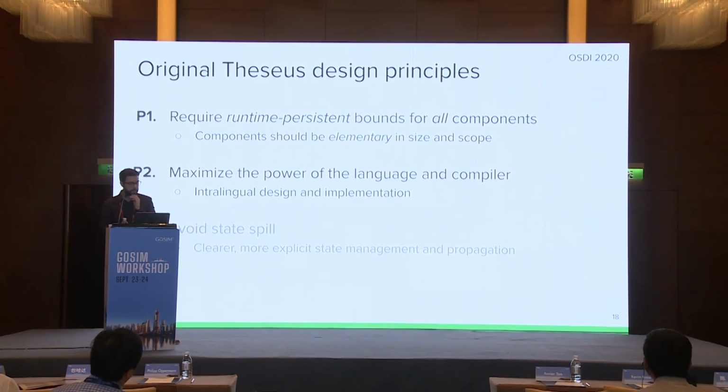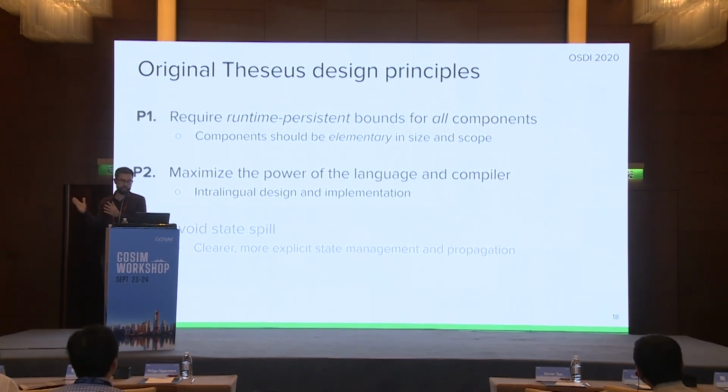One of the things that we've kept is requiring runtime persistent bounds for all components. So what this means is that the system structure is a bunch of tiny components. They're all loaded dynamically at runtime, and then we can track their bounds with metadata, so we can know where all of these components are in memory throughout the entire execution of the system.